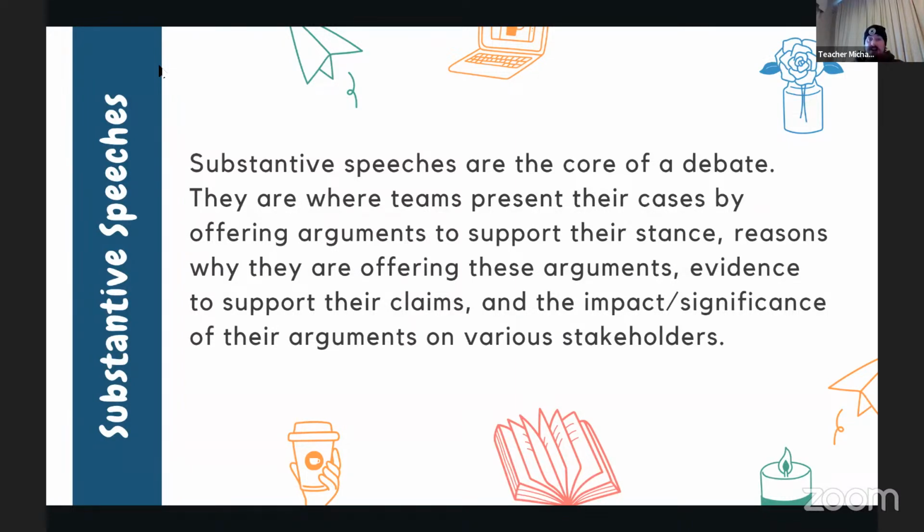They'll offer reasons why they're offering these arguments, and they'll offer evidence to support their claims. And they'll also explain the impact or the importance that their arguments can have on various stakeholders, so people who might stand to gain or lose something depending on the outcome of the debate and the results thereof.